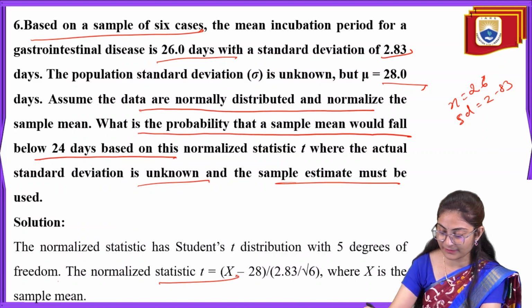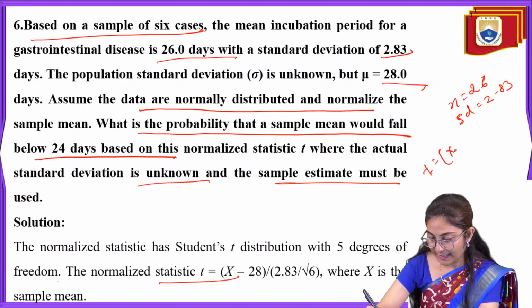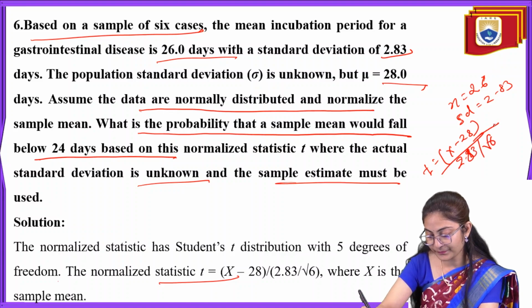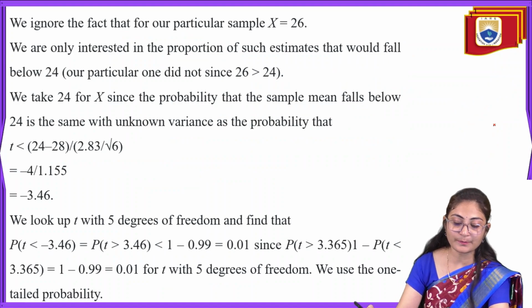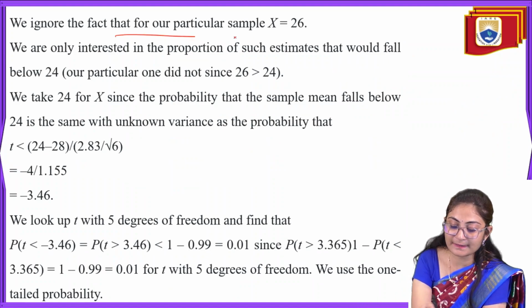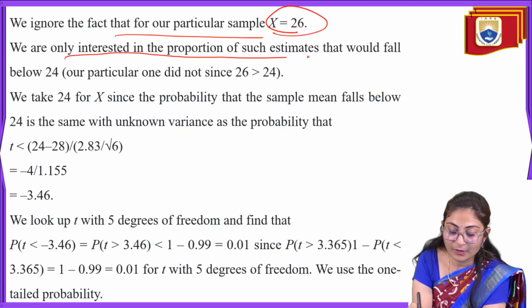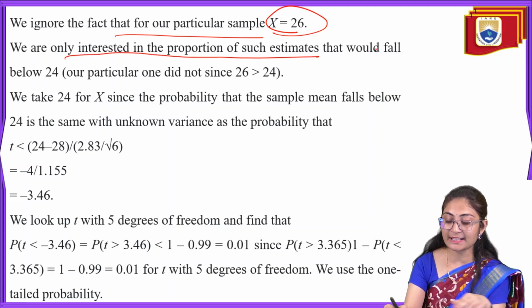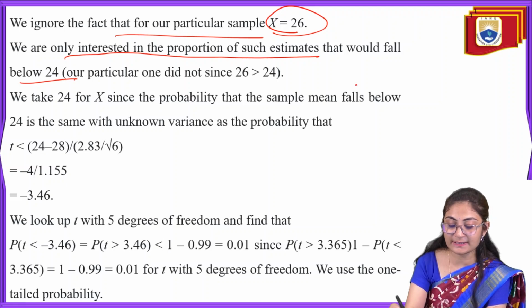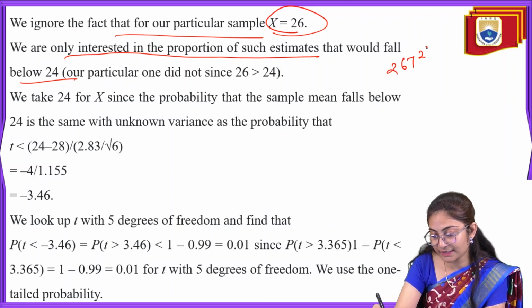So for the normalized statistic, T is equal to x minus 28 divided by 2.83 over root of 6. Here x is the sample value, and we want the proportion of such estimates that would fall below 24.